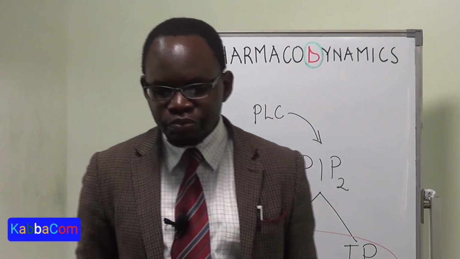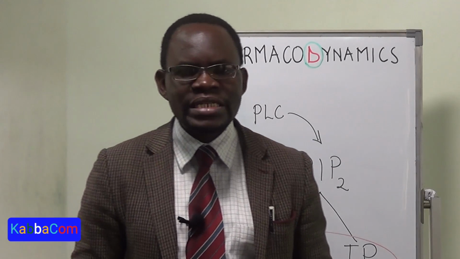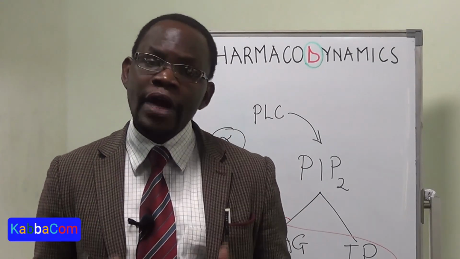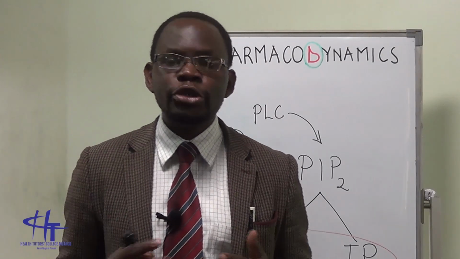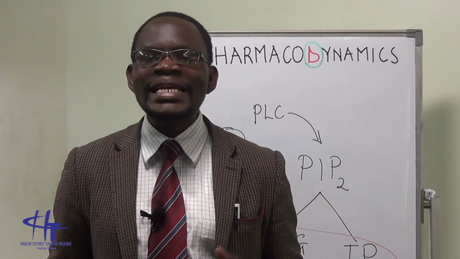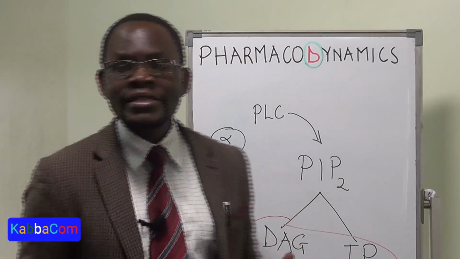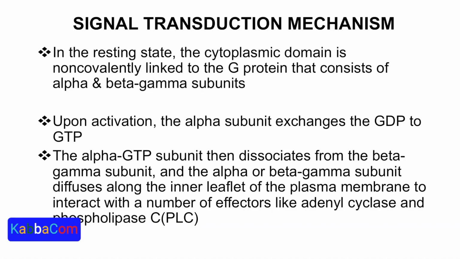All right, so of course we said that the ligand does not bind on the receptor forever. Remember, we said these are reversible changes. Once the ligand separates from the receptor, the processes go back. The alpha subunit that was activated by the GTP gives up the GTP for a GDP, and then it goes back into that trimer, or that complex of three.